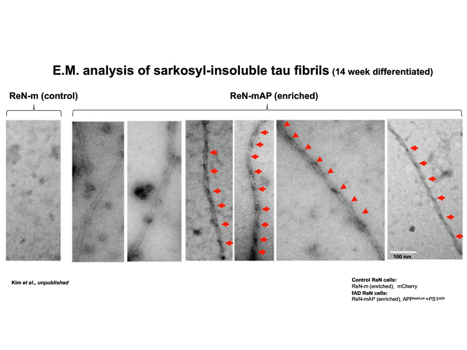We calculated the average pitch size, and it's about 120 nanometers, which is very close to what is known for tau filaments from AD patient brains. So all together this strongly supports that the presenilin FAD mutation and APP FAD mutation can induce not only A-beta aggregation, but also tau aggregation in vitro.